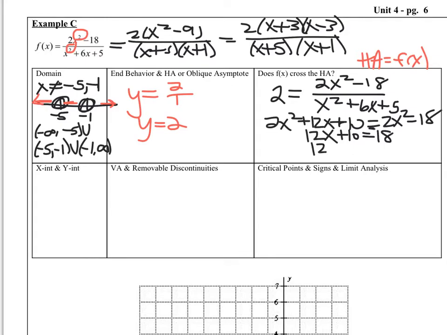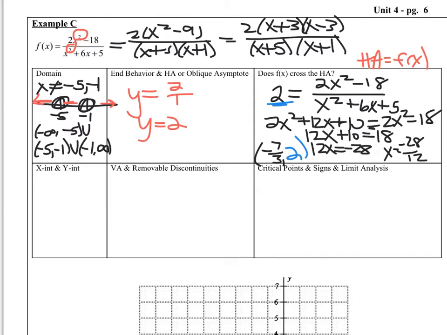So 12x equals negative 28. So x equals negative 28 over 12. And that would reduce to an x-coordinate. Everything's divisible by 4. So negative 7/3. And then the y-coordinate of that point is your horizontal asymptote, because we're asking, do I cross my horizontal asymptote? So that's going to happen at negative 7/3, 2.